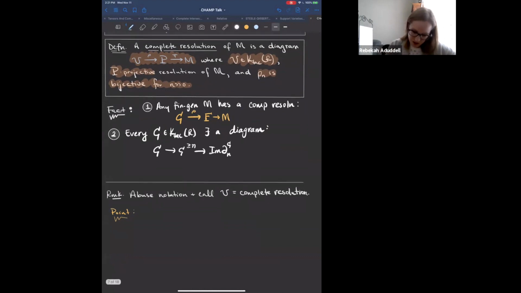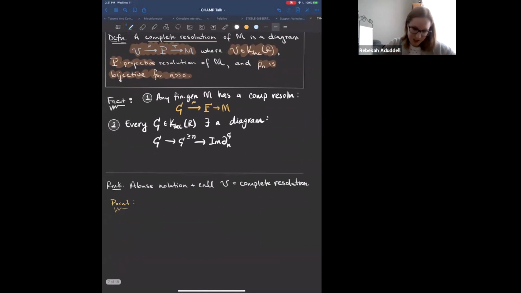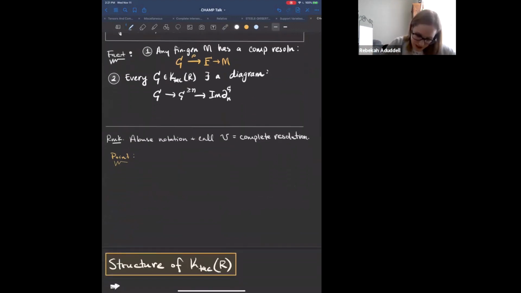And before I say the point, I should mention that I'm often going to abuse notation and call the totally acyclic complex the complete resolution. But the point is that from any finitely generated R module, there's a way to construct a complete resolution, and we can do this minimally, right? And then there's also a way, given any complex, to relate that to R modules through the syzygy modules sitting in the complex, or the images of the differentials.